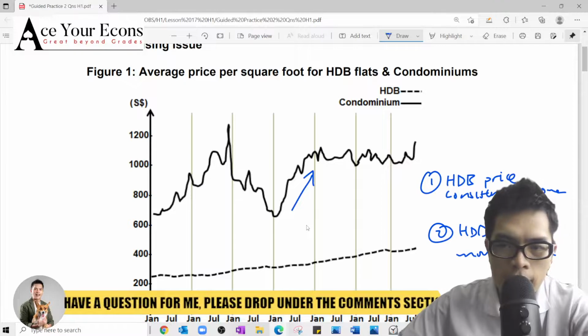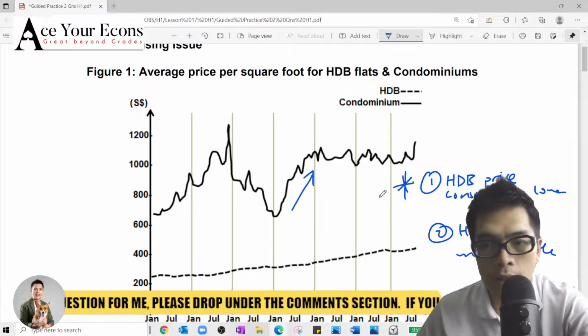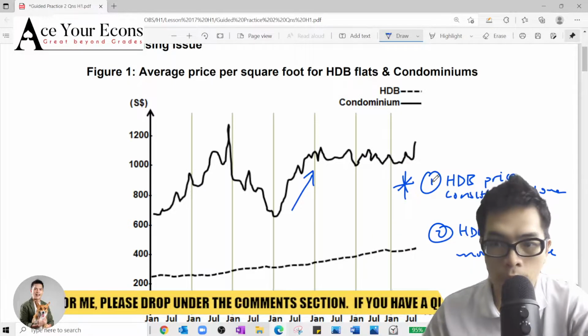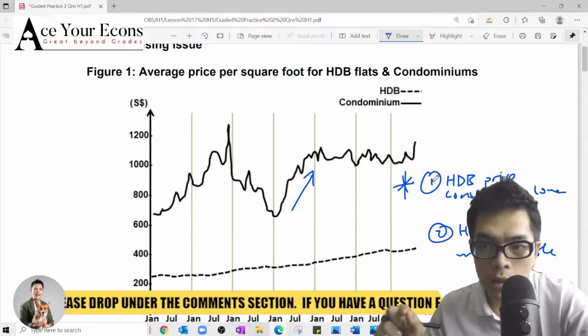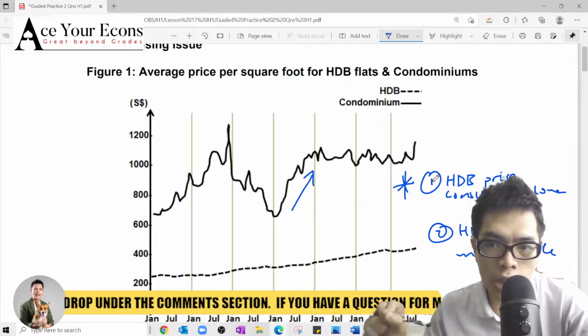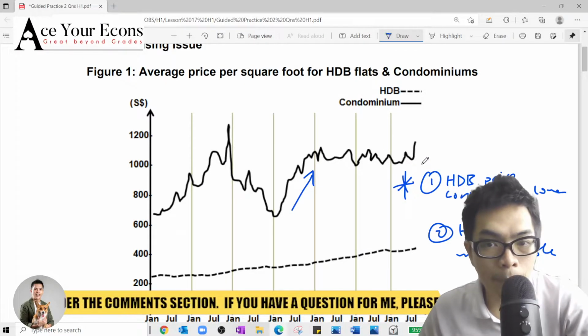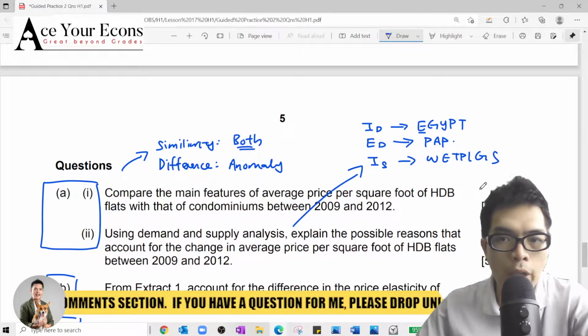So in this case, this is going to be a clear winner. I'm going to explain to you why this is better. Because A part 2 is asking you about HDB prices, right? So if you pick HDB price is consistently lower as your anomaly, then your supply factor here would be an opposing factor.